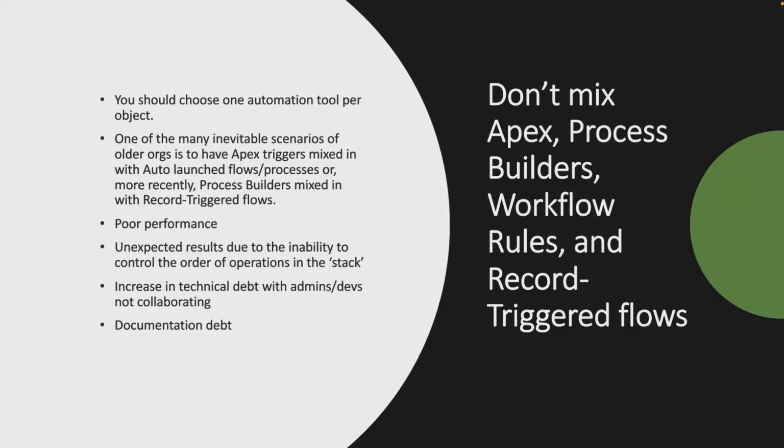Usually in a project, some admin has done a process builder and some developer has done some code, so it mixes up and becomes very hard to debug the whole process. So we either decide what needs to be done and the best way to do it, and consider the future scope. We always have to remember the future scope whenever we are doing any automation or Apex trigger.